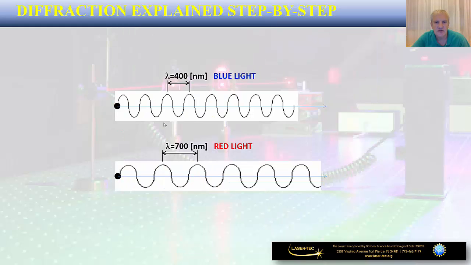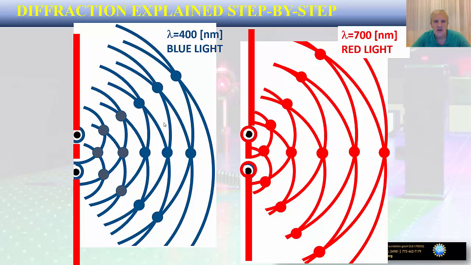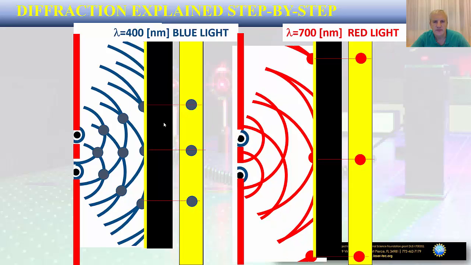We can do something similar with the red light. It's just that in the case of red light, we have to take into account that the wavelength of light is going to be larger. So we're moving from 400 nanometers to 700 nanometers if we switch from the blue to the red light. We can also establish a similar model for the red light as we established for the blue light.